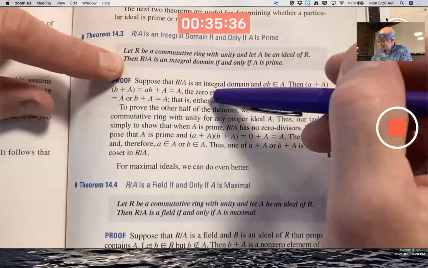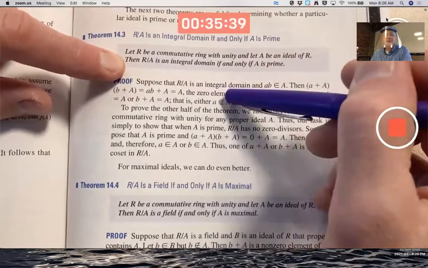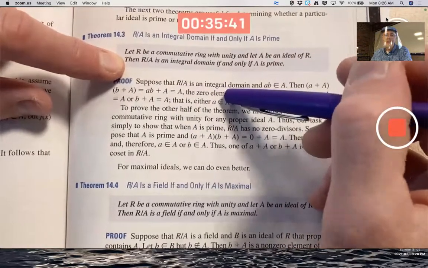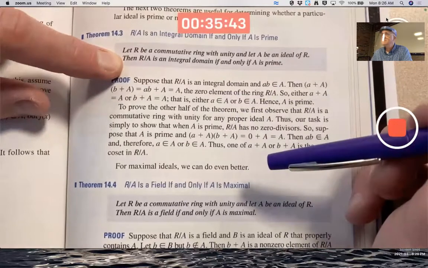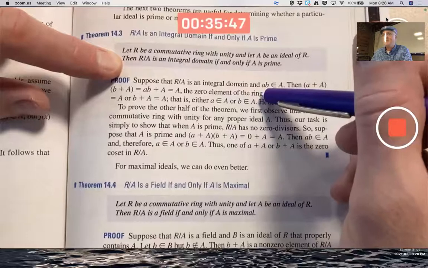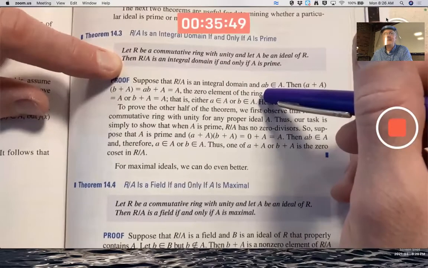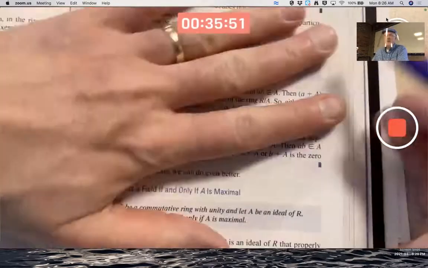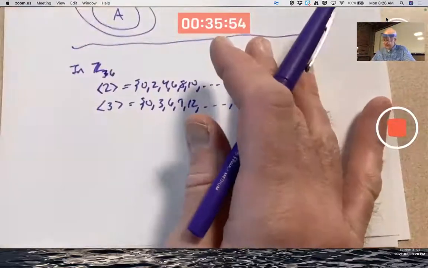Suppose, first of all, that this factor ring is an integral domain. We're trying to show that A is a prime ideal. So start by assuming A times B is in the ideal and show either A is in the ideal or B is in the ideal. Without looking, let's just do a little experimentation.